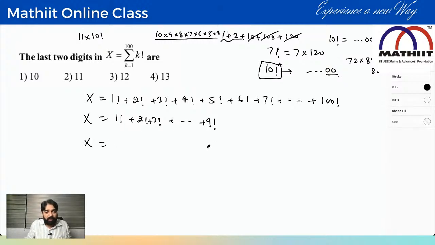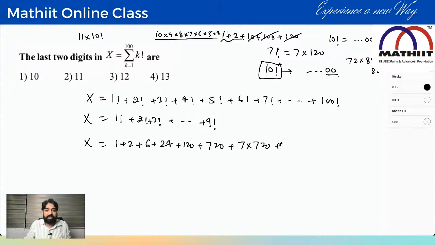1 factorial is 1, 2 factorial is 2, 3 factorial is 6, 4 factorial is 24, 5 factorial is 120, 6 factorial is 720, 7 factorial will be 7 into 720.